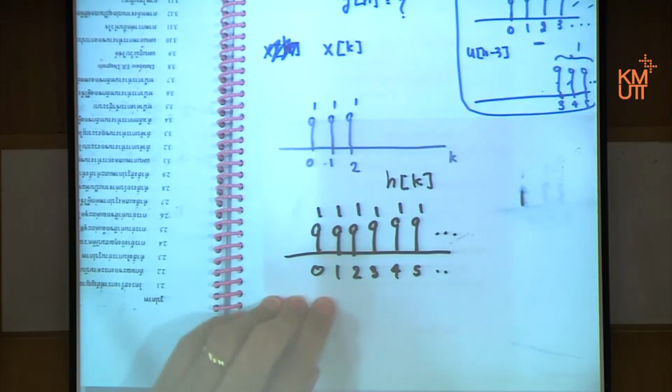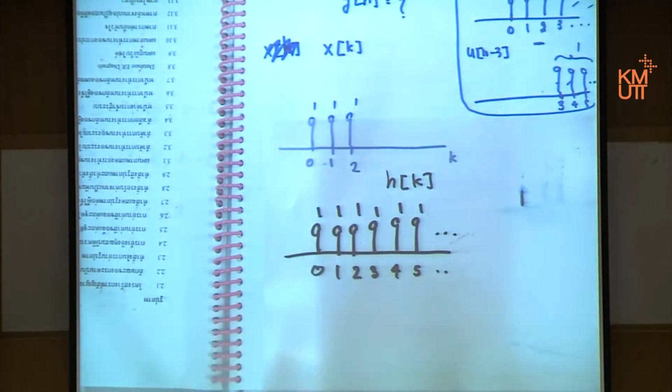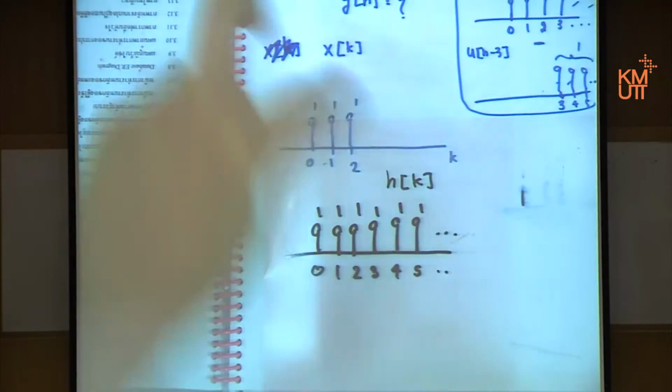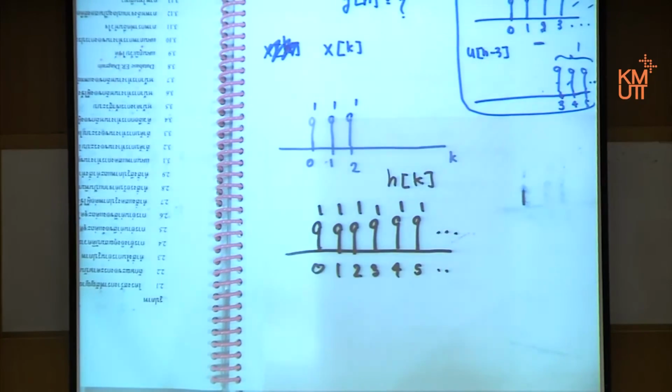It has many stems starting from 0 to infinity and the height is equal to 1 forever. Now we have 2 pictures of 2 signals already, s[k] and h[k]. What to do next?